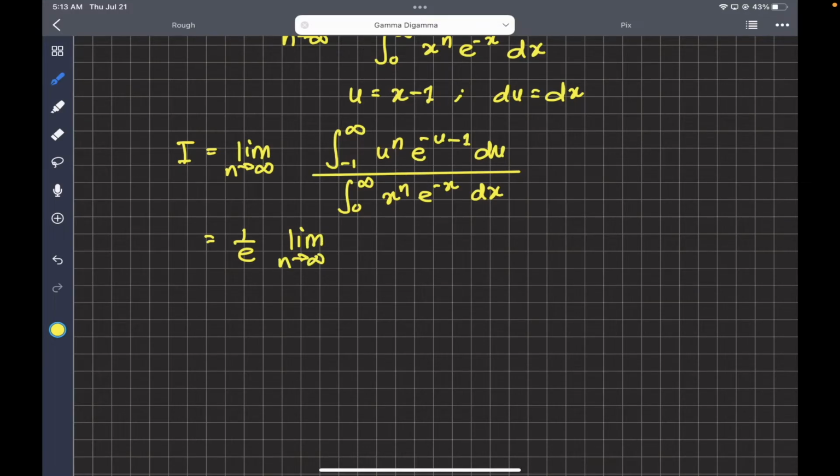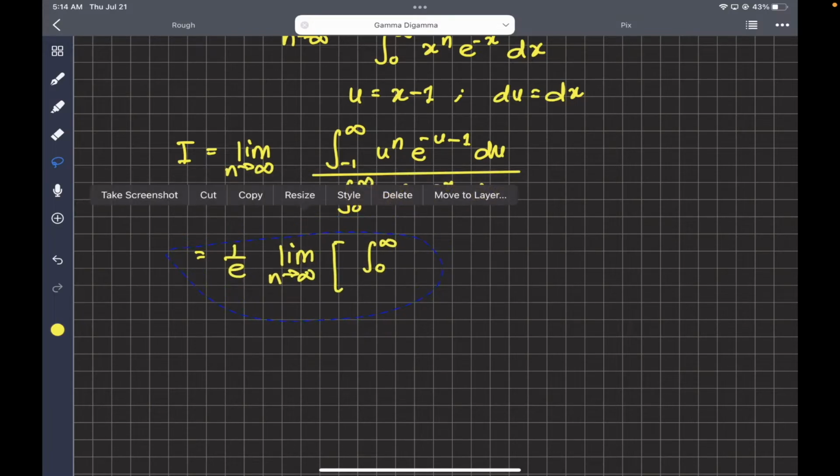Limit as n goes to infinity. We can definitely split the integrals over the range from 0 to infinity. Let me shift this down, have more space.